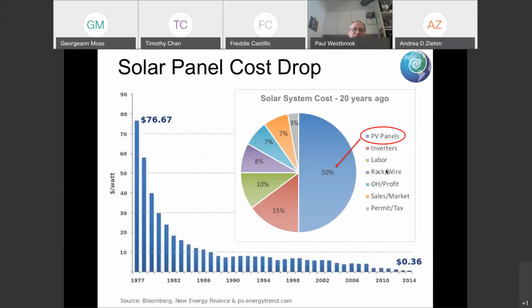So I mentioned the cost drop. In the 70s, panels, you'll see people talk about dollars per watt. So if you have a 300 watt panel and it costs $300, that's $1 per watt. If it costs $150, that's 50 cents per watt. So back in the 70s, when they were just going on satellites, they were $76.67 per watt.